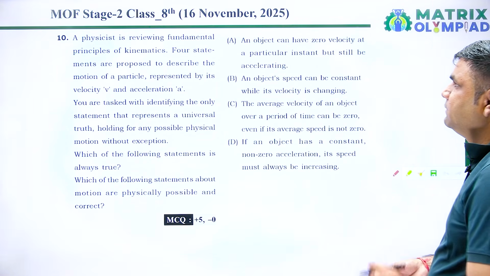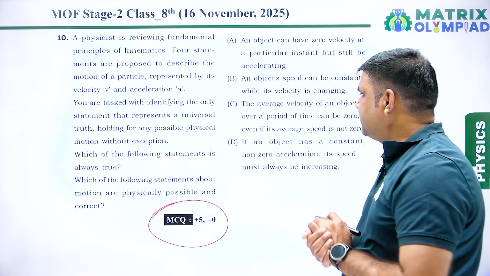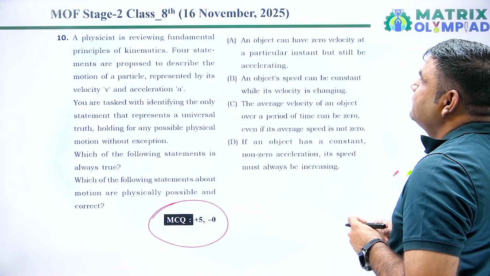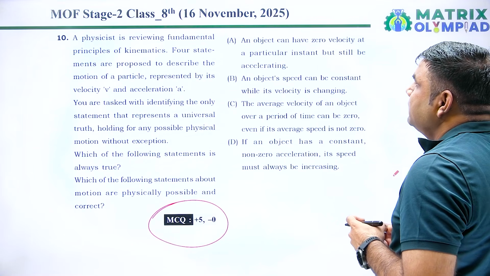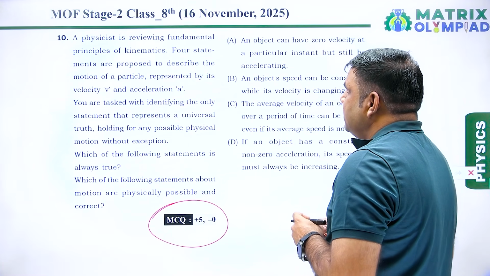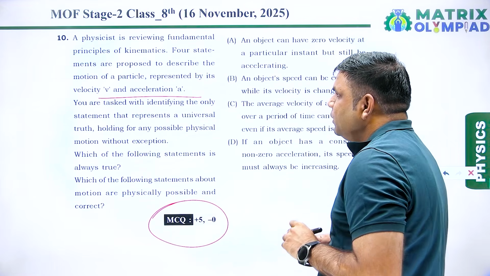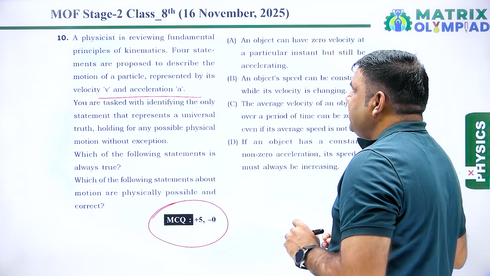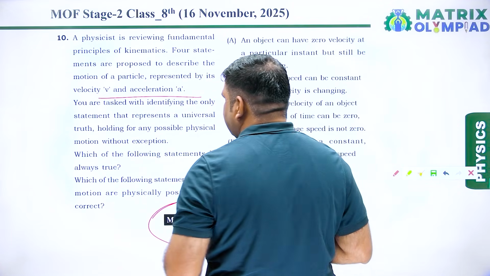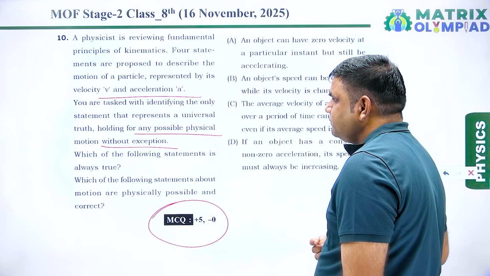Question number 10 is also a multiple choice type question, so more than one option can be correct. In question number 10, a physicist is reviewing fundamental principles of kinematics. 4 statements are proposed to describe the motion of a particle represented by its velocity V and acceleration A. You are asked with identifying the statement that represents a universal truth holding for any possible physical motion without exception.